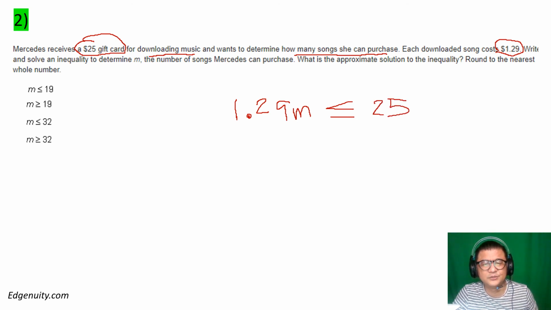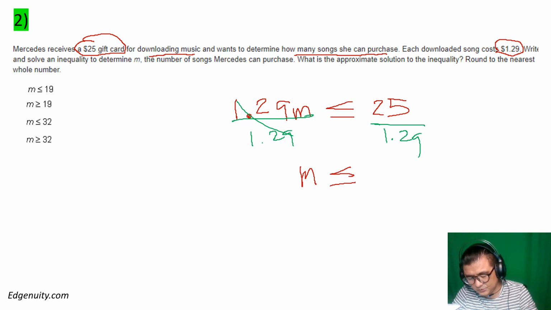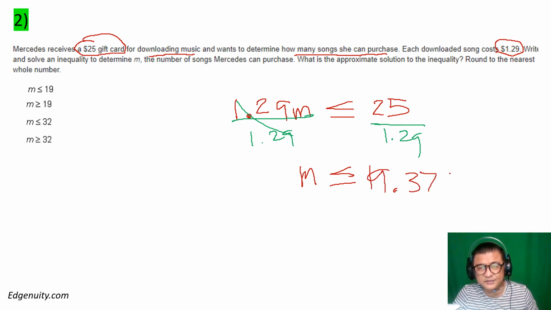So what do I do? I will divide by 1.29, divided by 1.29, to know the number of songs. M is less than or equal to 25 divided by 1.29, which is 19.379. It was just rounded to 19, right? So what is the correct answer? This one.